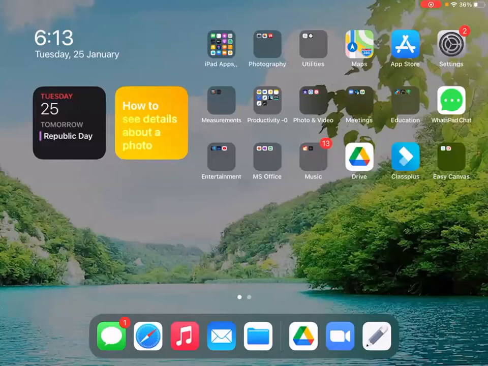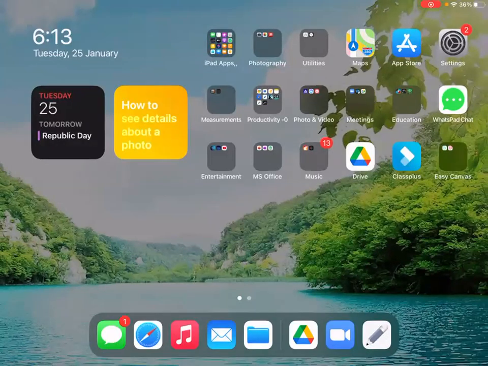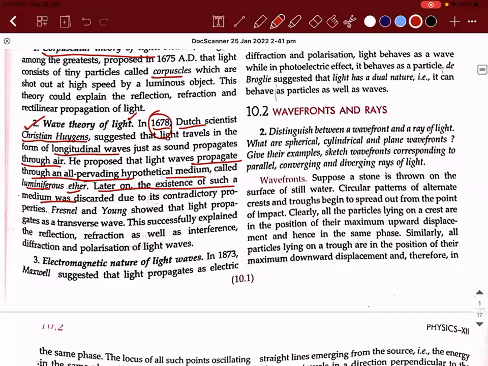Newton was the dominant figure at that point of time, and people didn't believe Christian Huygens when he said that light had a wave nature associated with it.